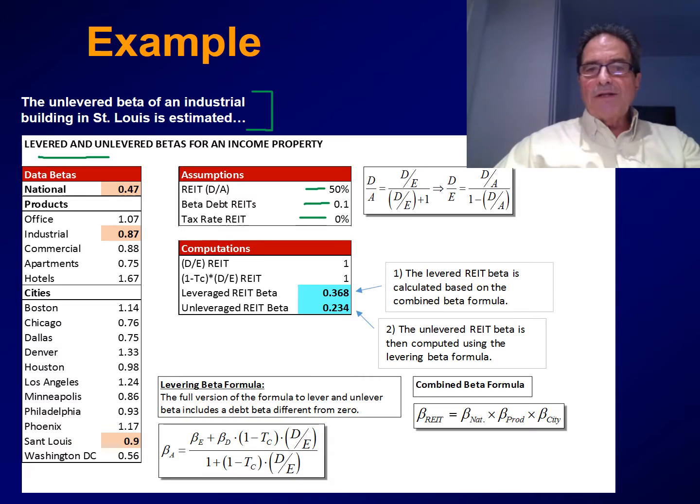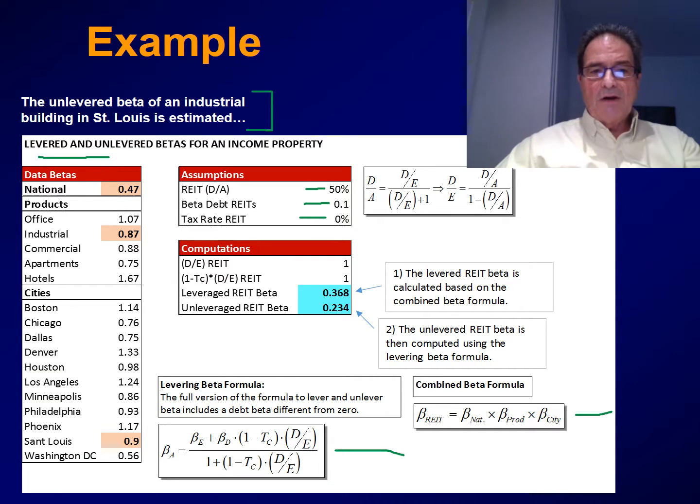In order to calculate unlevered beta for this industrial building in San Luis, we need two formulas. First, what we call the combined beta formula, the one that we explained before, and the other formula is the formula that is used to unlever beta.